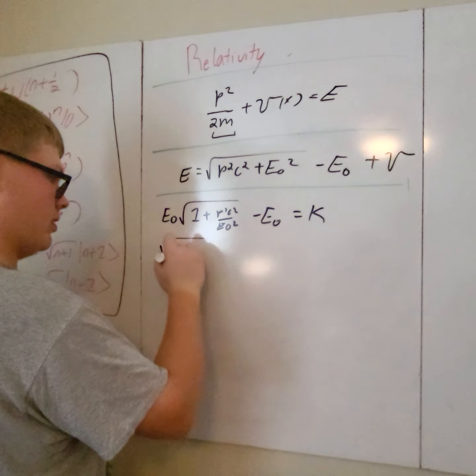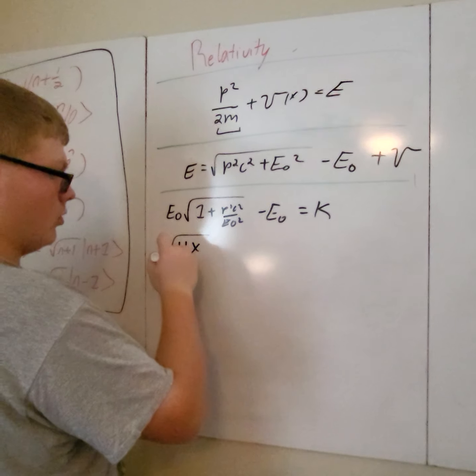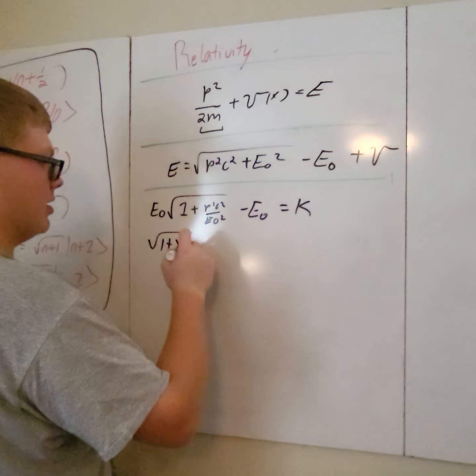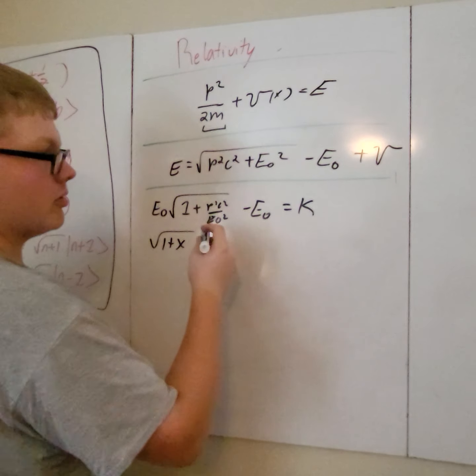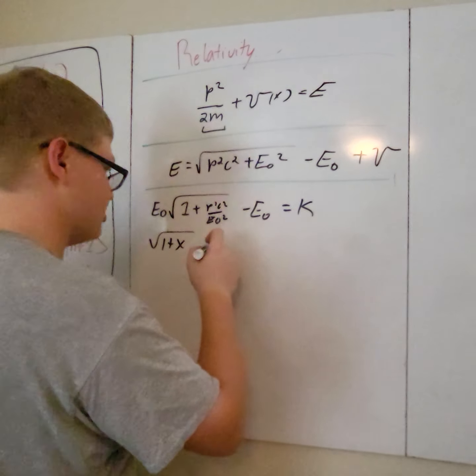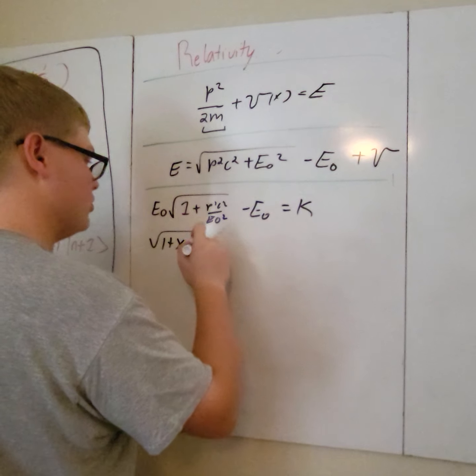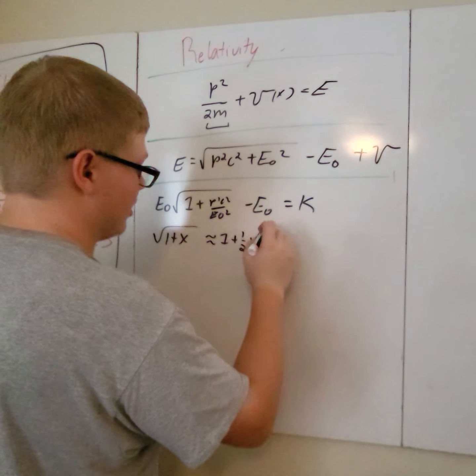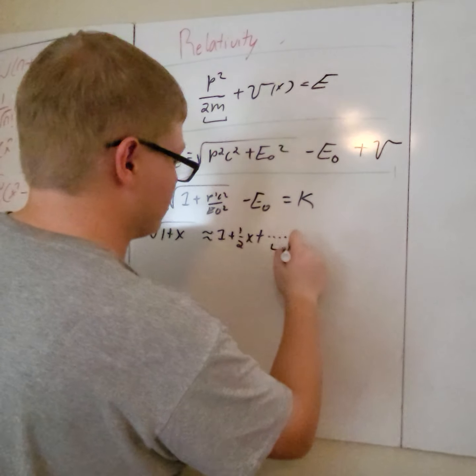As x goes to 0, the square root of 1 plus x, you can show this with the Taylor series expansion, equals approximately 1 plus 1/2 x plus more corrections.